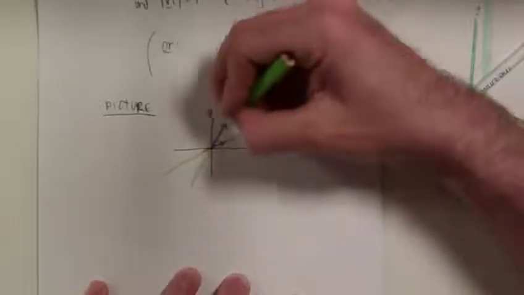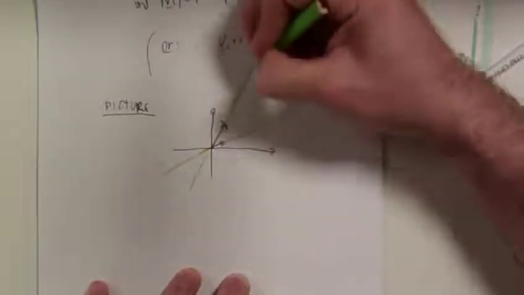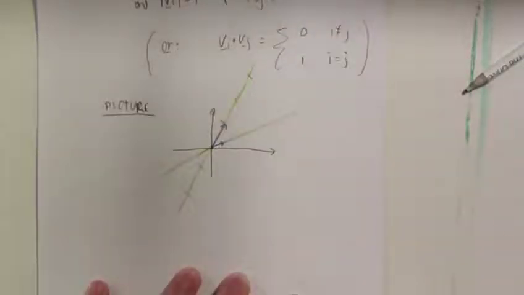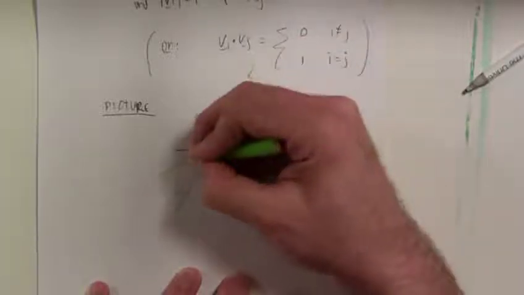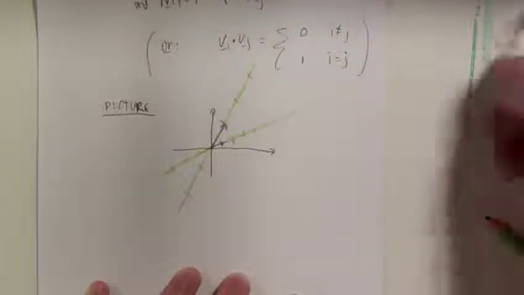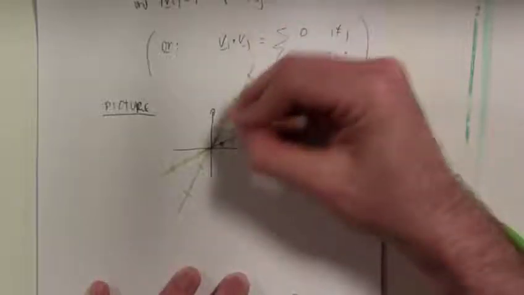And you can mark this one out in lengths of this big vector, and mark this one out in lengths of this smaller vector. And then you can locate any point by saying how many of this vector and how many of this vector.